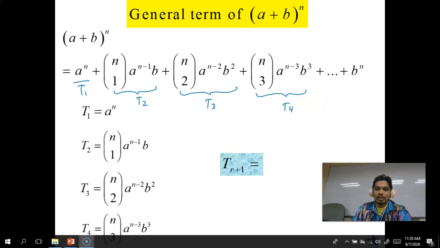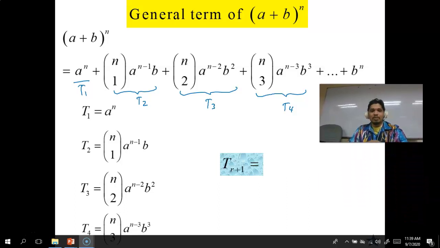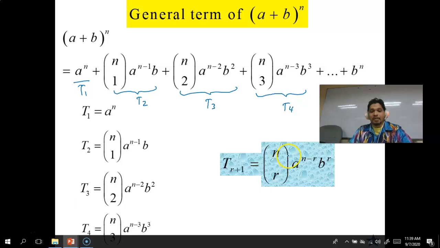So in general, we say the (r + 1)th term equal to this one here: nCr a to the power of (n minus r) b to the power of r. In some books, they come up with T_r equal to nC(r minus 1) a^(n minus r plus 1) b^(r minus 1).